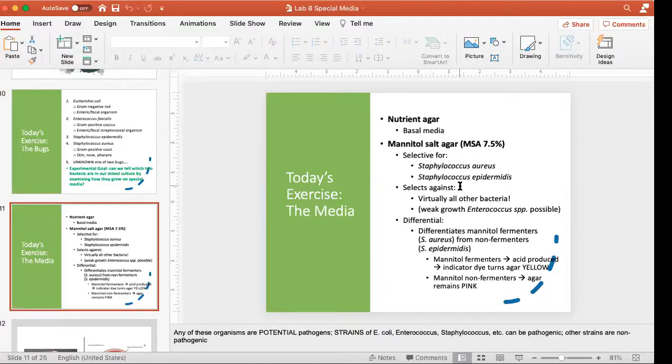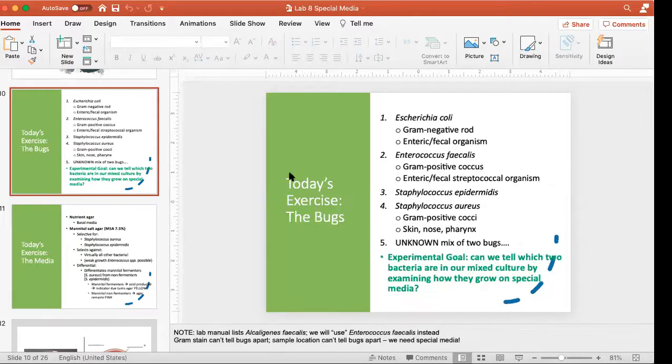Now, MSA selects against virtually all other bacteria. Remember, salt tends to be very toxic to bacteria. There are a couple of Staphylococcus species that are exceptions to that. But remember, I also mentioned last time that it is possible for Enterococcus to grow on this medium, but it grows very poorly. It grows as very small colonies. And we do have an Enterococcus organism in our list of possibilities today.